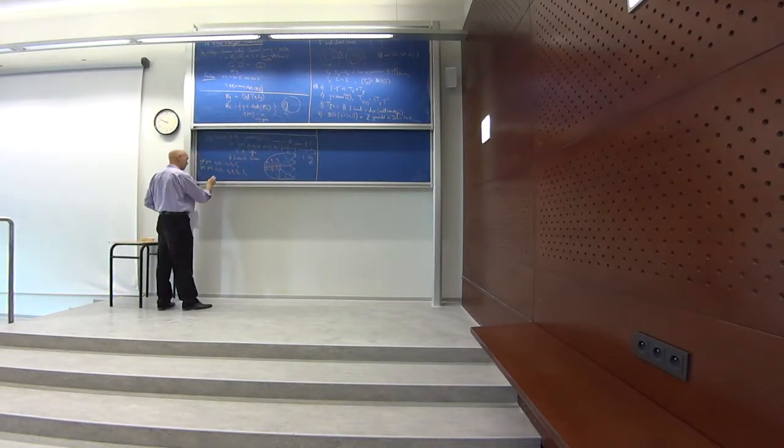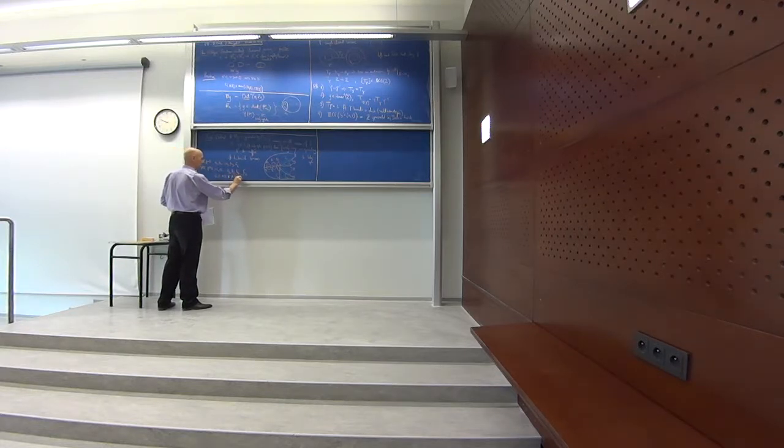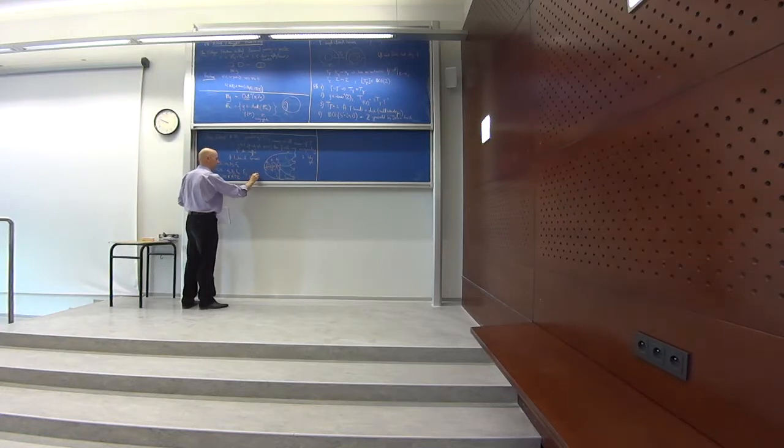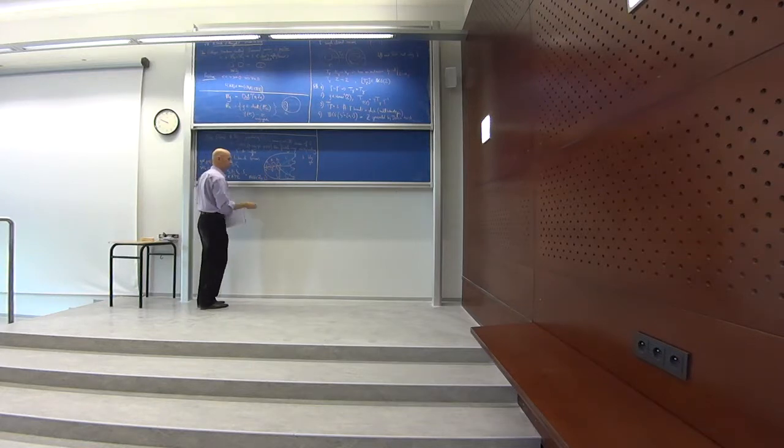I want to say they generate the mapping class group of the surface sigma of genus g with b boundary components.